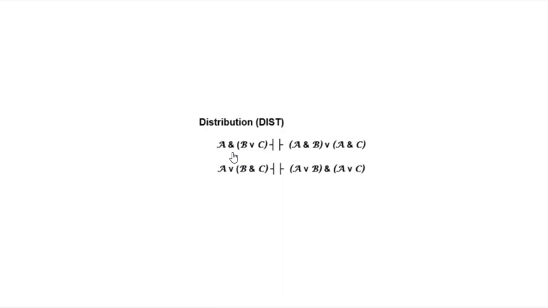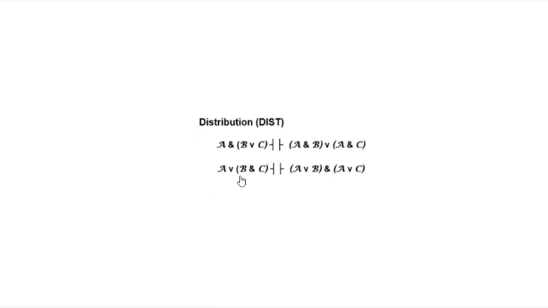Distribution tells us that if you have a conjunction between a formula and a disjunction, then you can distribute in such a way as to create a disjunction of conjunctions. So if you have A and (B or C), that's logically equivalent to (A and B) or (A and C).